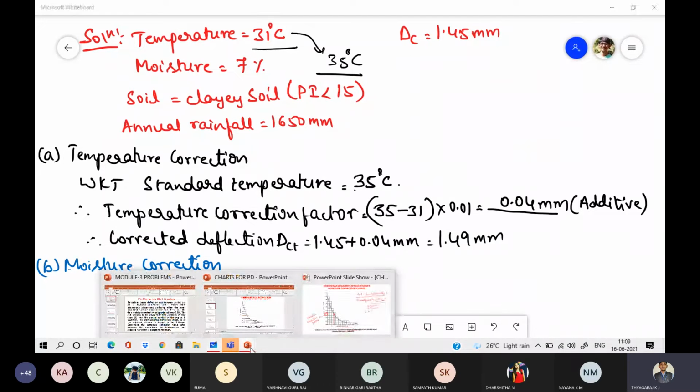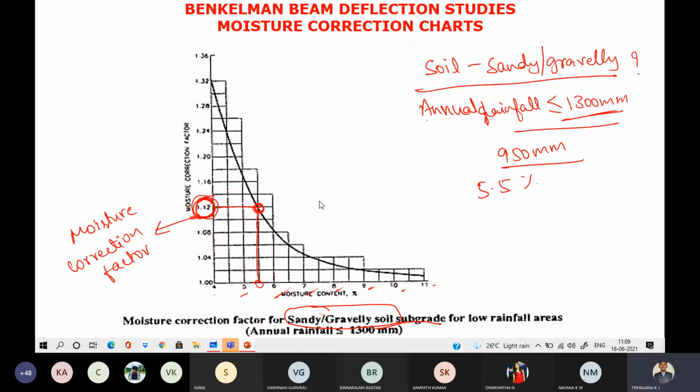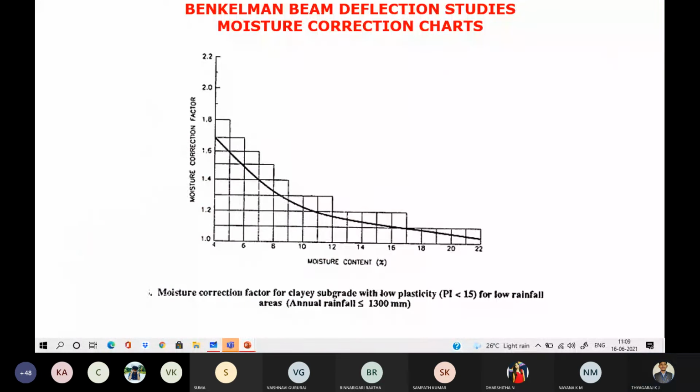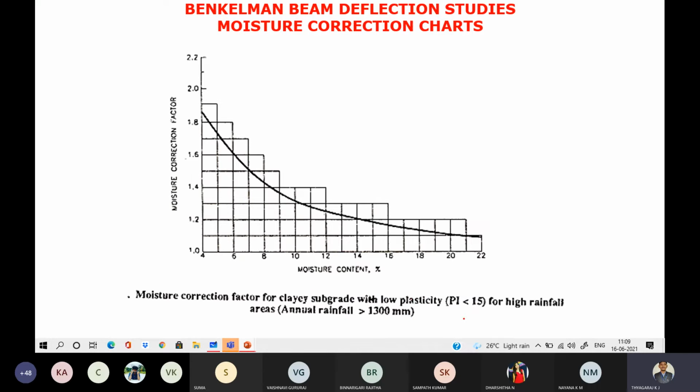From the graphs only we are going to get this one. So what type of soil it is? We have to search for clay soil. What is the annual rainfall? 1650. You can observe clay soil, PI less than 15, annual rainfall greater than 1300.